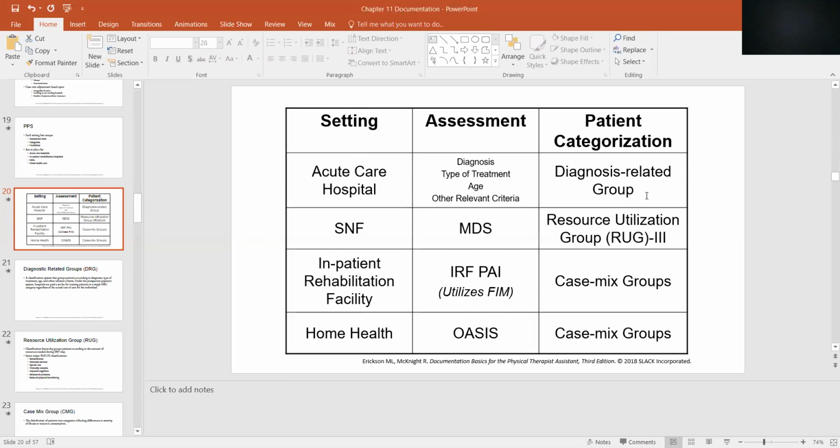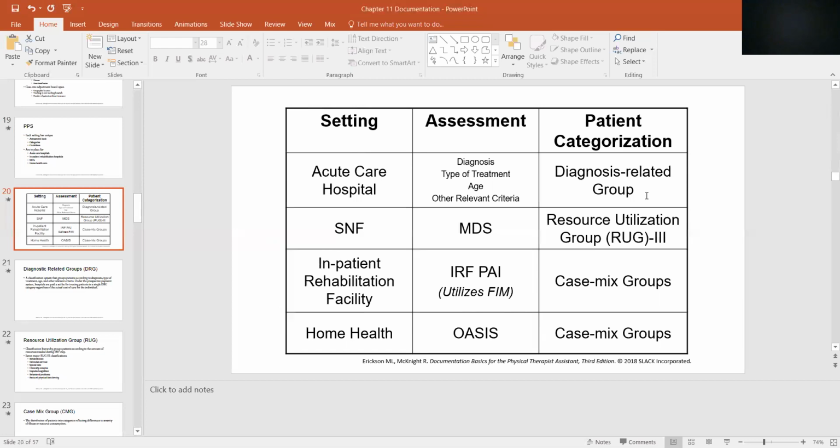So your skilled nursing facility, your SNF, its assessment is called the MDS. That's usually done by an MDS coordinator who's a nurse, and she gathers a bunch of information and data about the patient, and that helps figure out what type of payment that SNF is going to get. And then the patient categorization is called a resource utilization group, or a RUG.